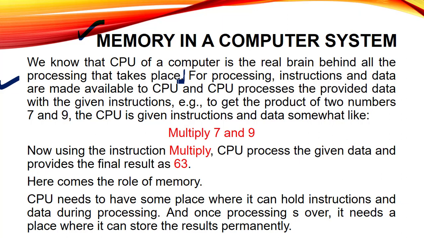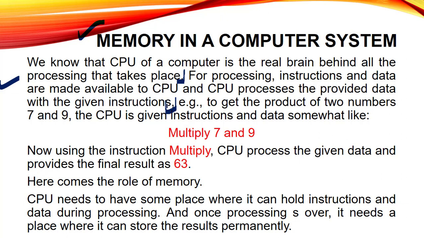It means everything that is being processed by the computer is processed inside the CPU only. For processing, instructions and data are made available to the CPU. So for processing the data, these things are directly given to the CPU, and the CPU processes the provided data with the given instructions.